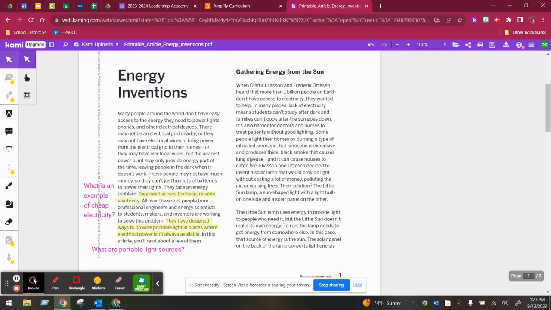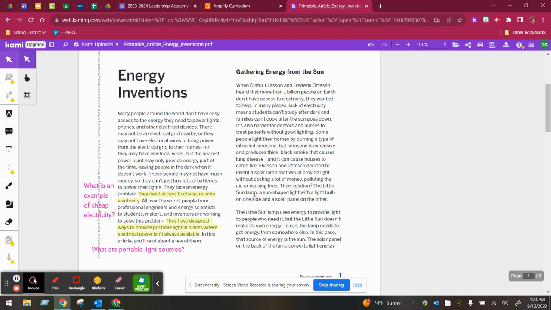Eliasson and Atkinson decided to invent a solar lamp that would provide light without costing a lot of money, polluting the air, or causing fires. Their solution? The little sun lamp, a sun-shaped light with a light bulb on one side and a solar panel on another. After reading this paragraph, is there anything that you can highlight or annotate?